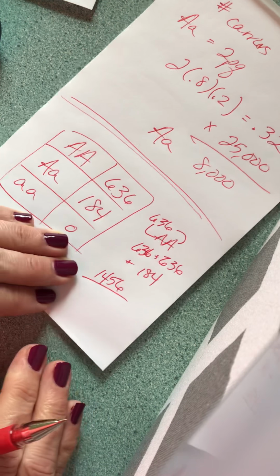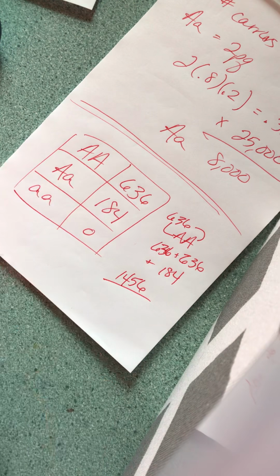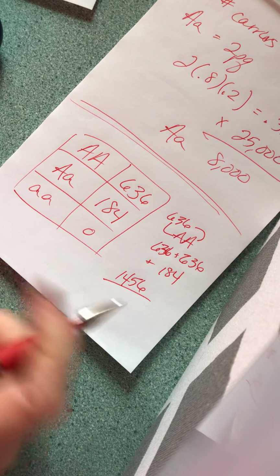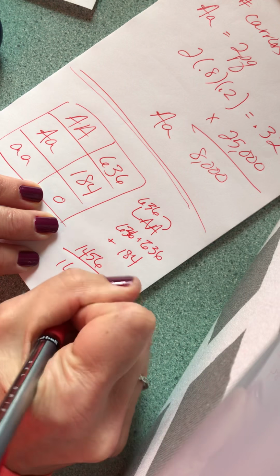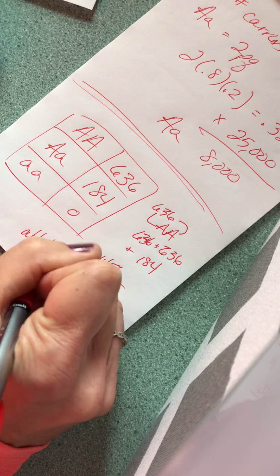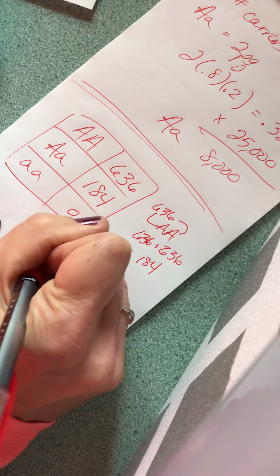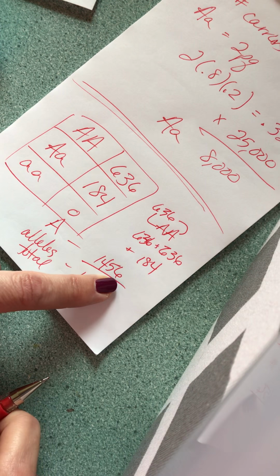And the total amount of alleles in a population is the amount of people times 2. So 636 plus 184 times 2 is equal to 1640. So there's 1640 alleles total. Of those, 1456 are big A's.